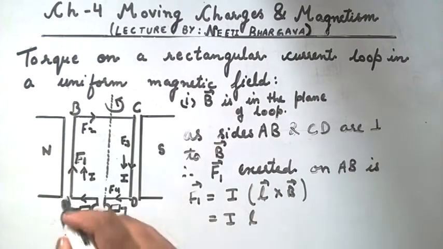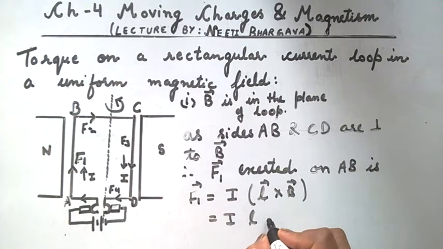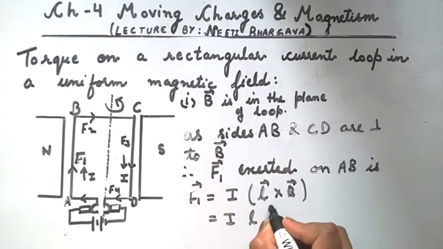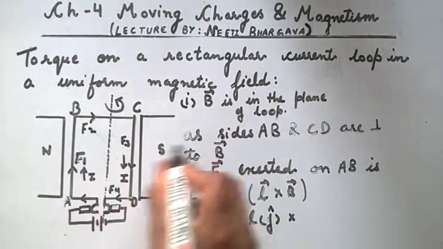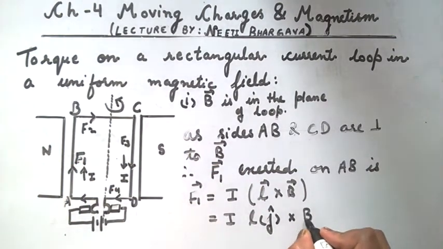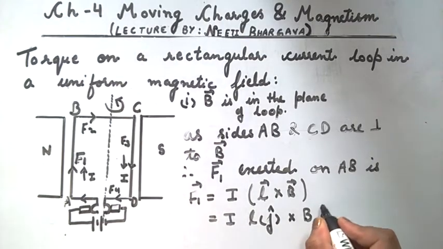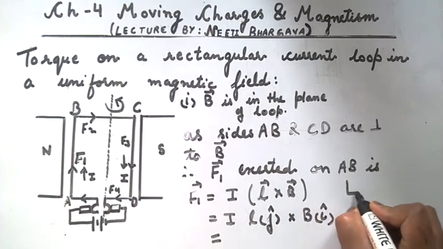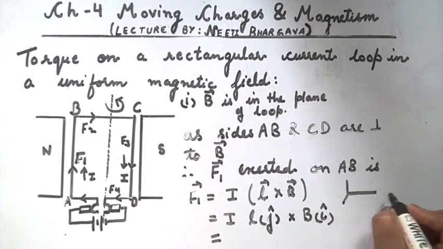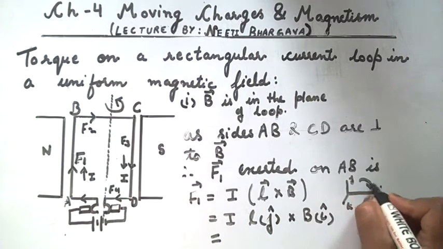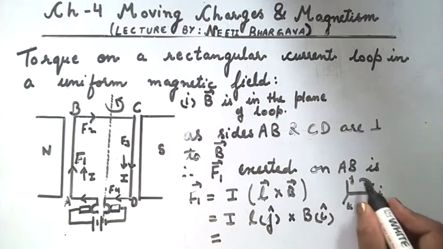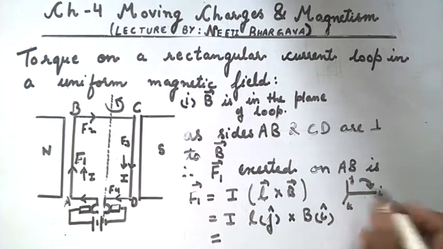L is along the positive y-axis, therefore J cap. B is along the positive x-axis, therefore B I cap. We have studied orthogonal unit vectors. When we move from J to I, that is in clockwise direction, then the third vector is negative.